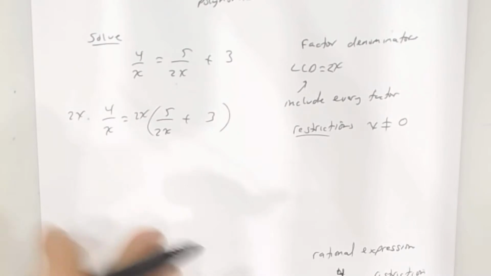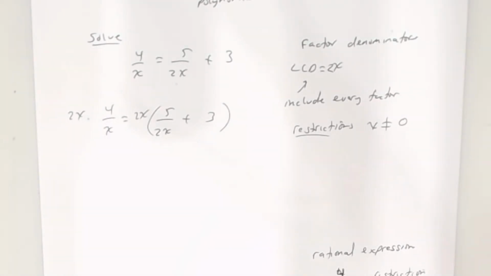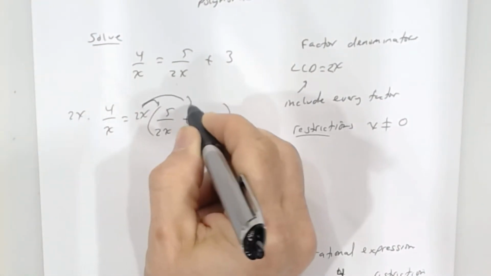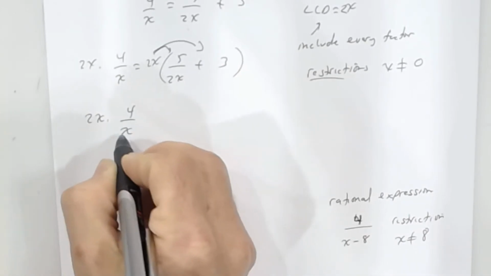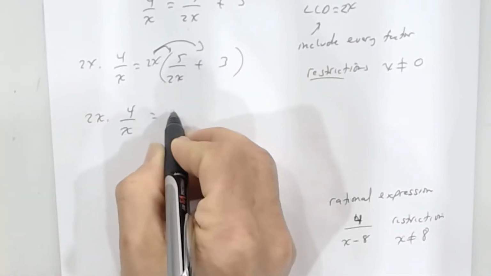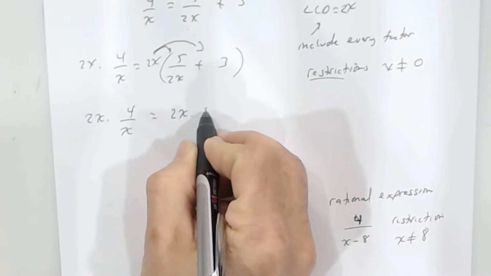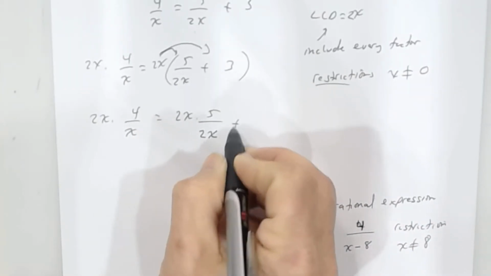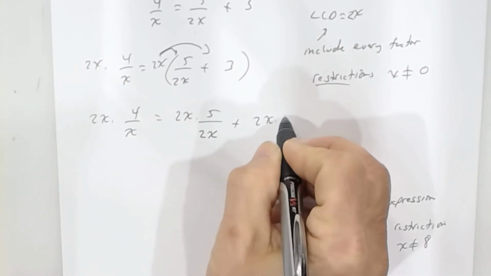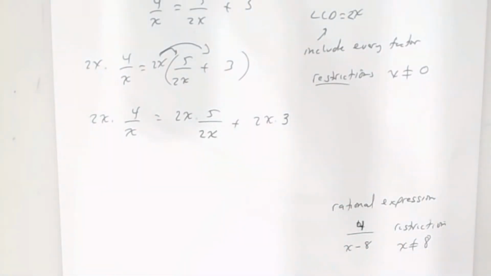All right, I compare this with what we've done before. What's the next step? Distribute the 2x here. So I get 2x times 4 divided by x equals 2x times 5 divided by 2x plus 2x times 3. All right, so that's where I'm at.